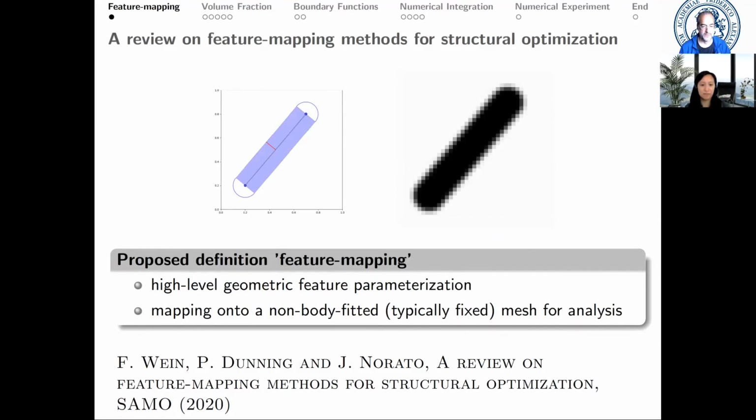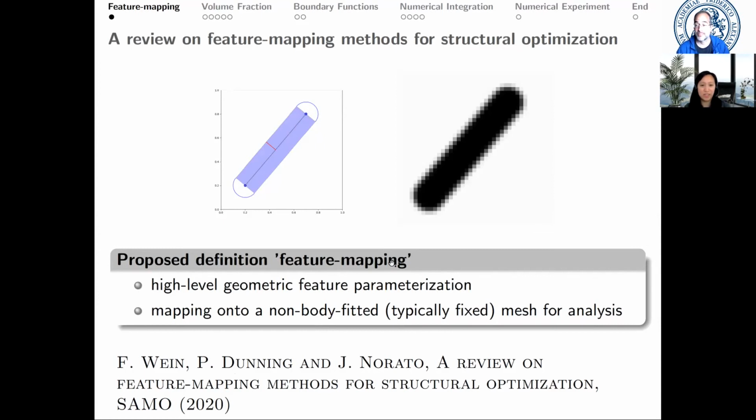Together with Peter Dunning and Julian Norato, we wrote this review paper. In it, we also propose a common name for this class of structural optimization, and the name we propose is feature mapping.